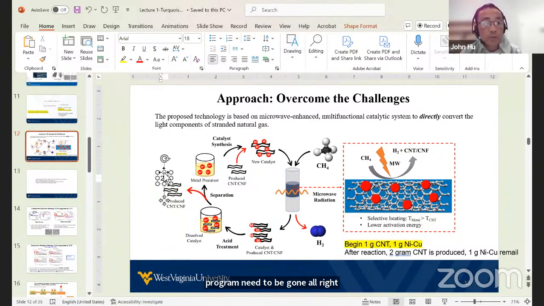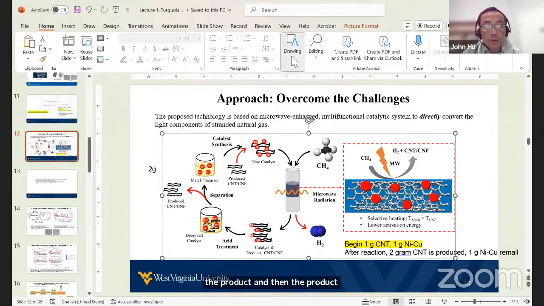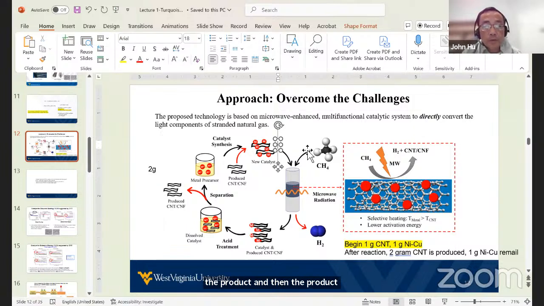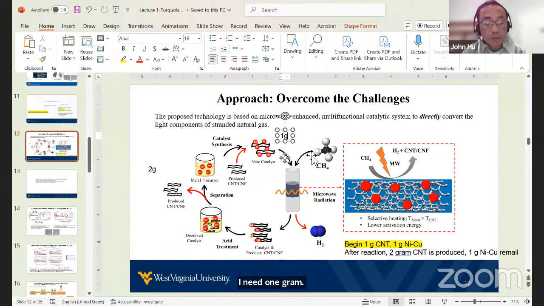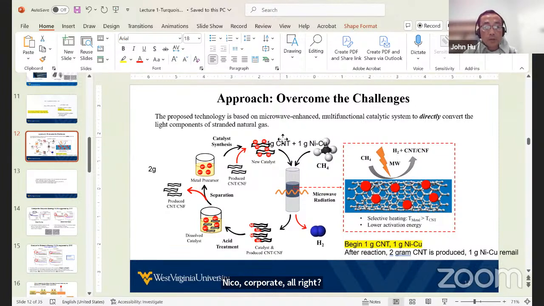So 2 gram is product, and then I need 1 gram CNT plus 1 gram nickel copper. All right. So 1 gram CNT, 1 gram nickel copper go into the reactor. But at this point, I want to show you the mass balance. Okay.